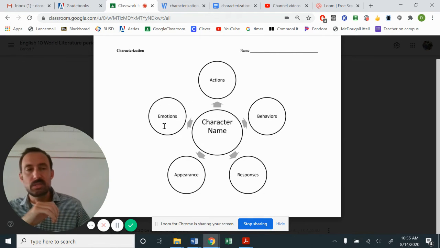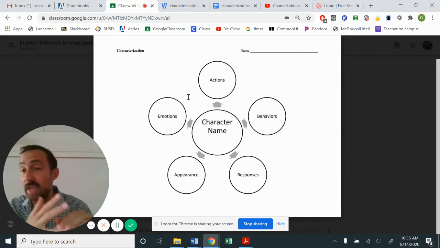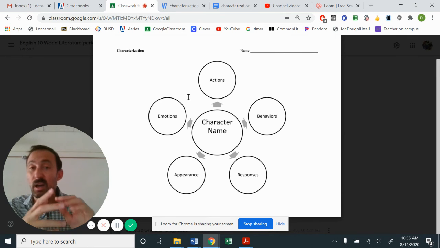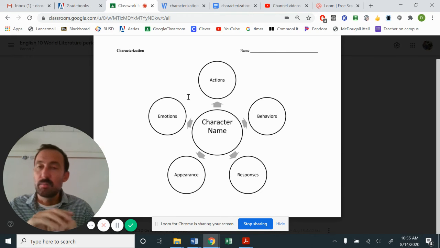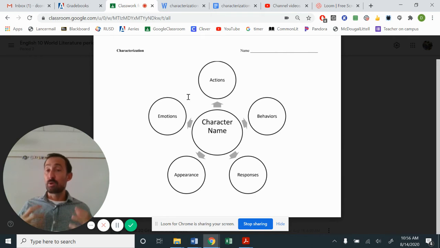The next one that you see is emotions. What are the characters' emotions? Think of the basics: happy, sad, angry, irritated or frustrated, maybe annoyed or disgusted. You want to pick up on the emotions of the character as you go through the story.